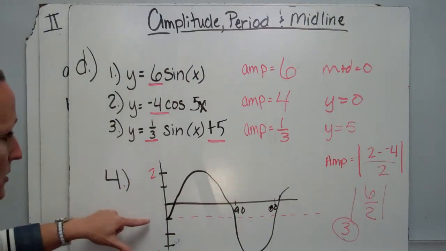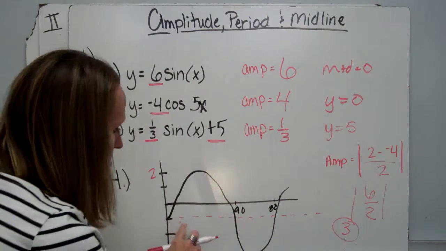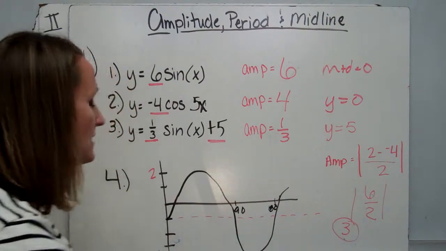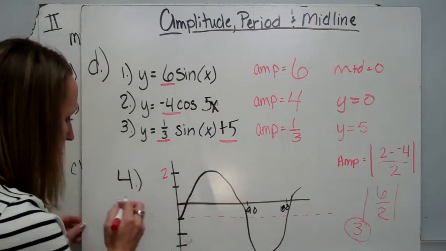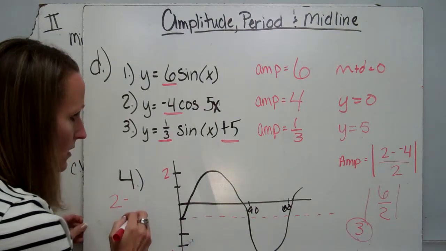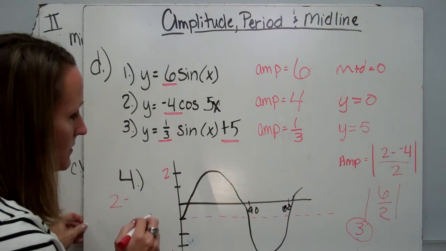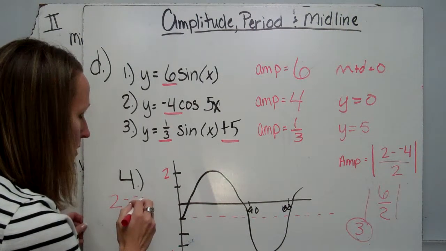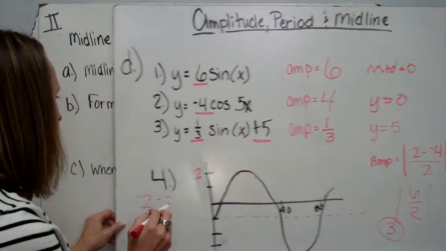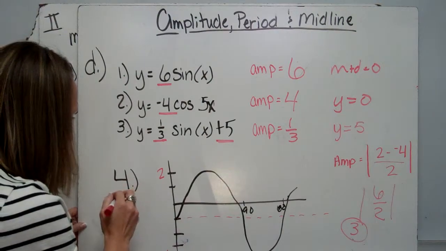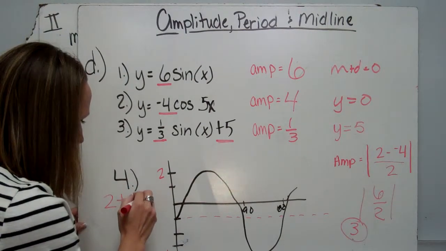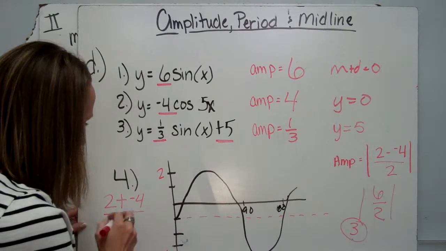If we look here, your midline is actually down here where this red line is. And again, we can find it by doing the max minus min divided by 2. So if we did 2 minus negative 4, wait a minute, what is it, max plus min? Max plus min, excuse me, max plus min divided by 2.